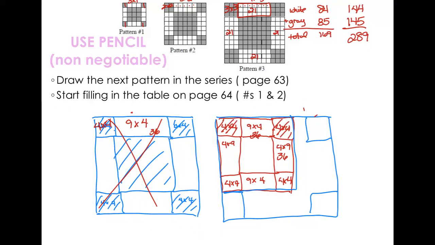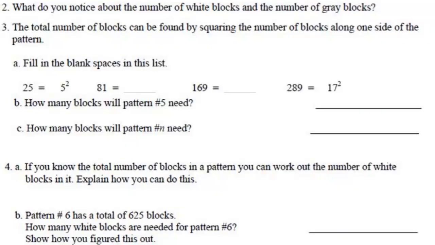You can for those. Now, let's go back to these questions. What do you notice from number 2 about the number of white blocks and the number of gray blocks? So the number of white blocks is equal to the number of gray blocks minus 1.